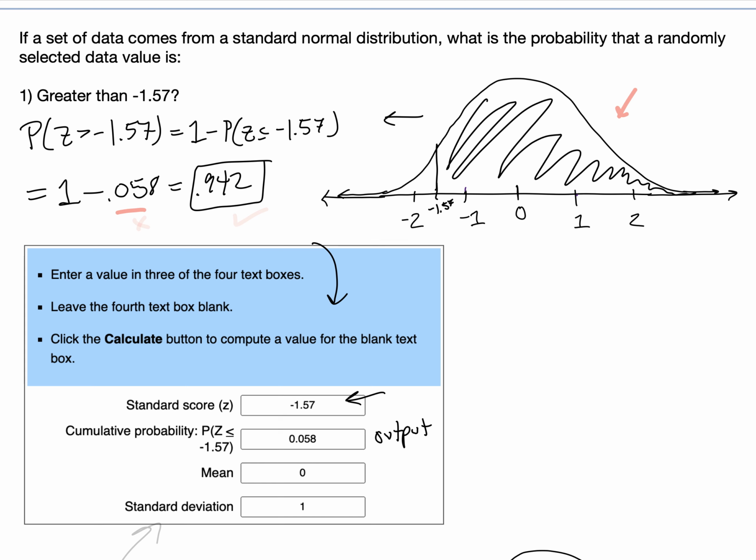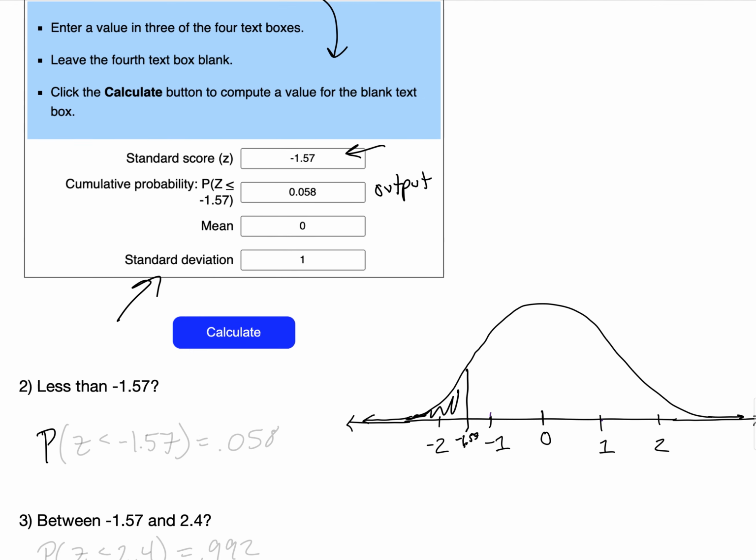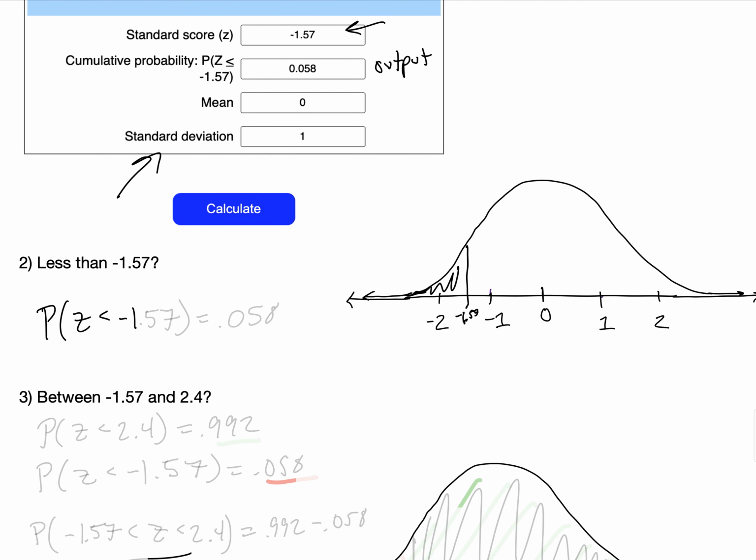So this can't possibly be right, but this is okay. Less than negative 1.57: that is this shaded area, and less than is what the table already gives. So we've actually calculated this already. The probability that z is less than negative 1.57 is equal to 0.058.